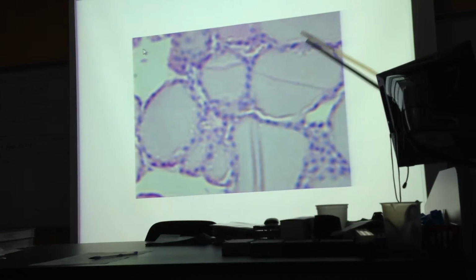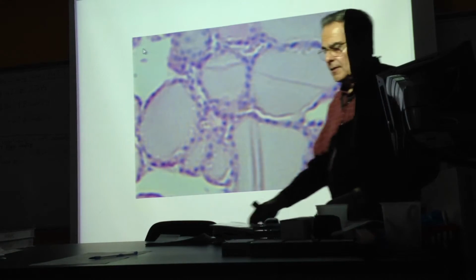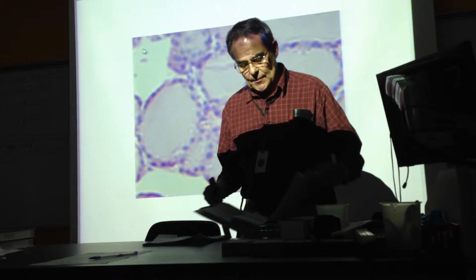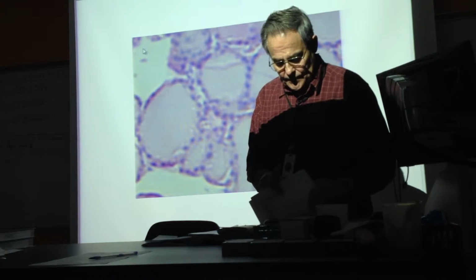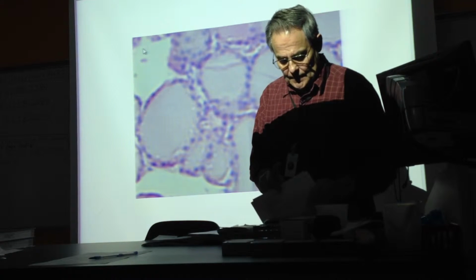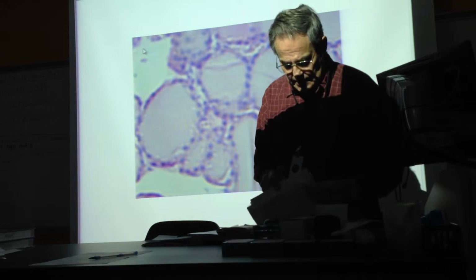It's stored within the follicle in complex with a protein, and that is known as the, you might want to look at your handout, follow along on that, thyroglobulin. Let's see if I have mine handy.